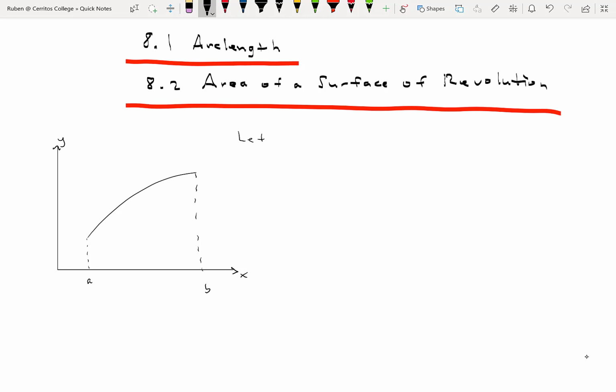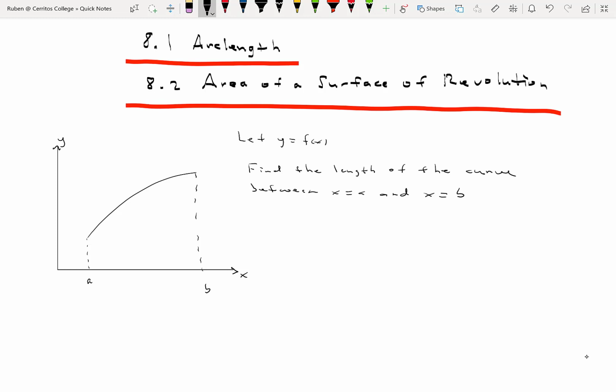Let y equal f of x, and we're interested in finding the length of the curve between x equals a and x equals b.